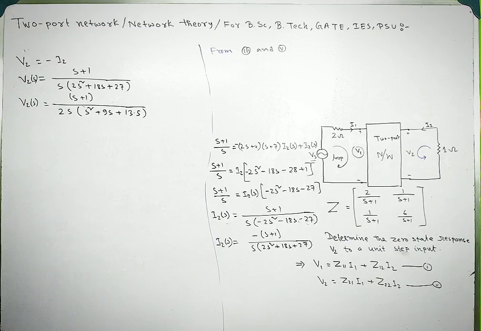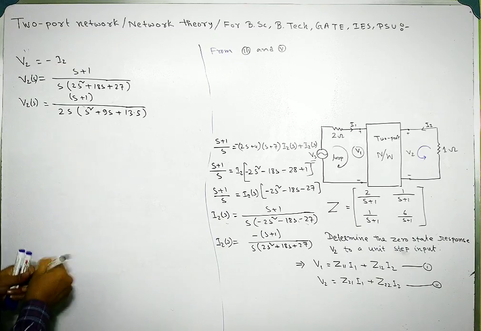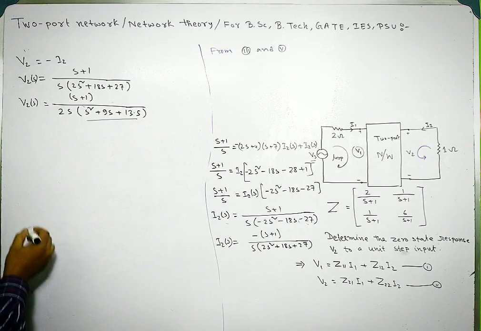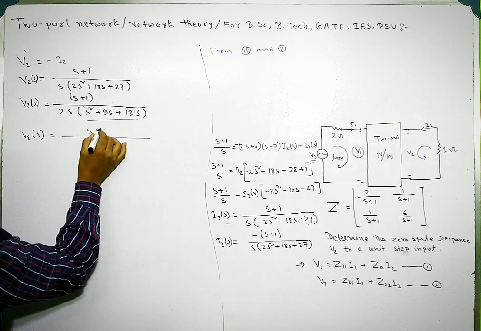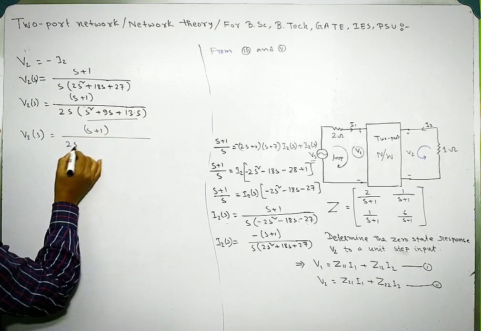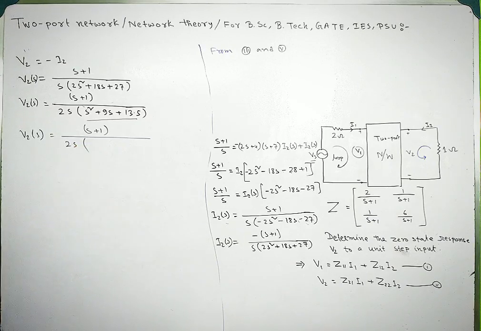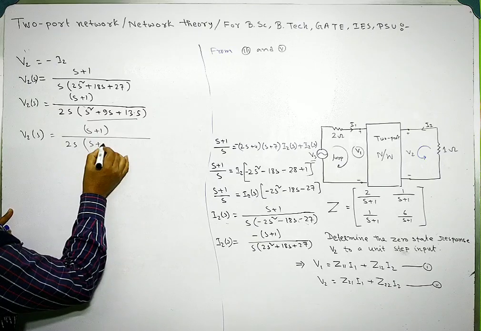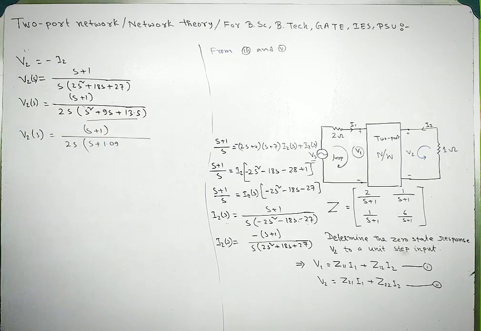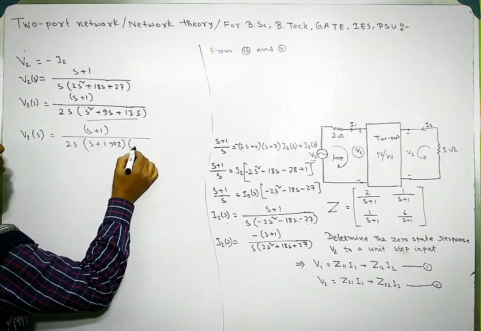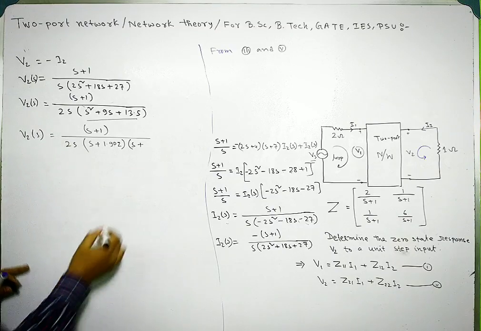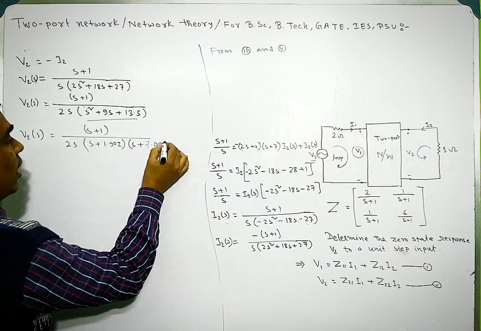Now you have to solve this. So V2(s) equals (s plus 1) divided by 2s into (s plus 1.902) into (s plus 7.098).